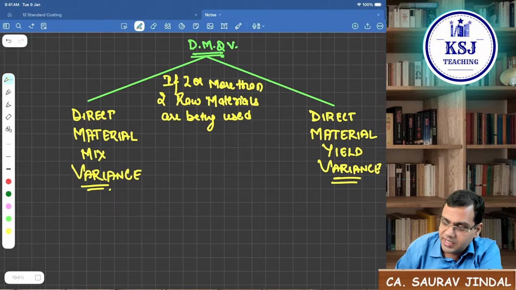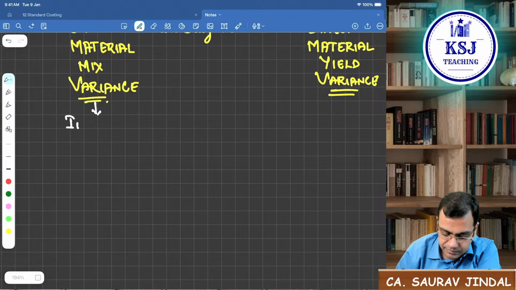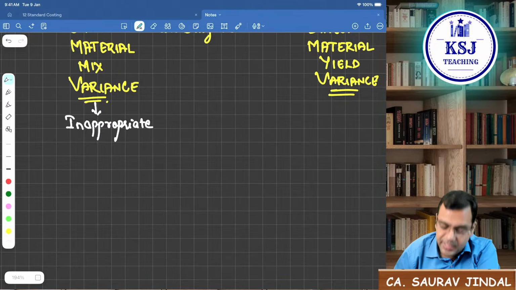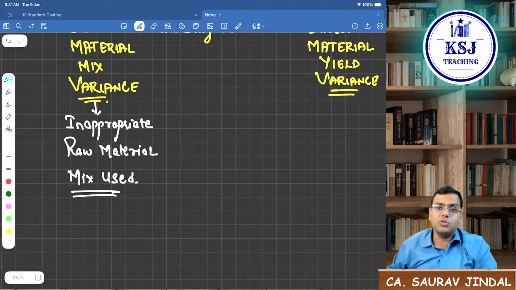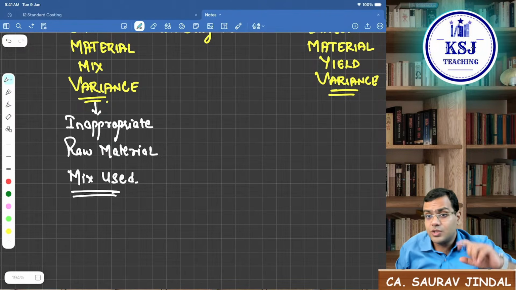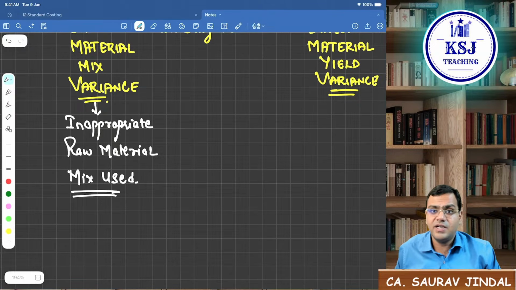So this variance says that an inappropriate raw material mix was used. If a raw material is to be used in the ratio of 4:3 and you use it in the ratio of 3:4, obviously the quantities that you are consuming will be different, then there will be a variance in the quantity consumption. Right?